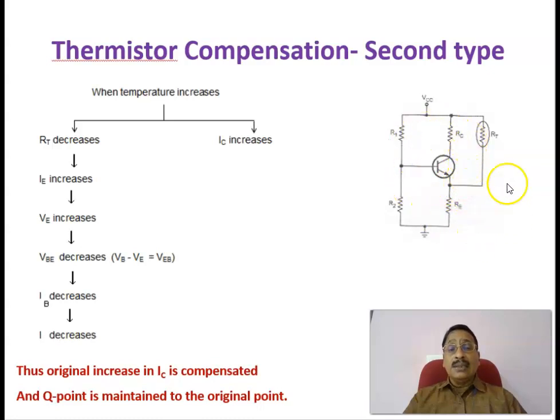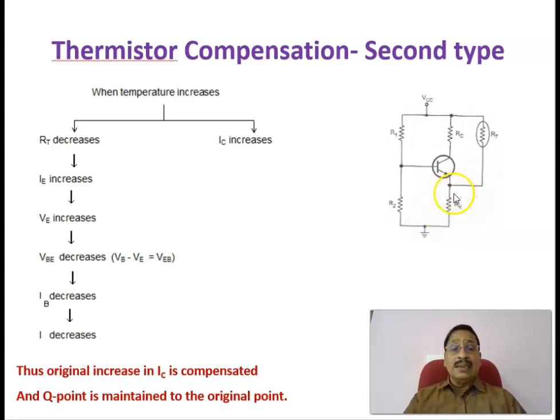Now, in this circuit, as temperature increases, the resistance of this thermistor RT reduces. As this resistance reduces, the current in this path increases, that is, the emitter current increases.